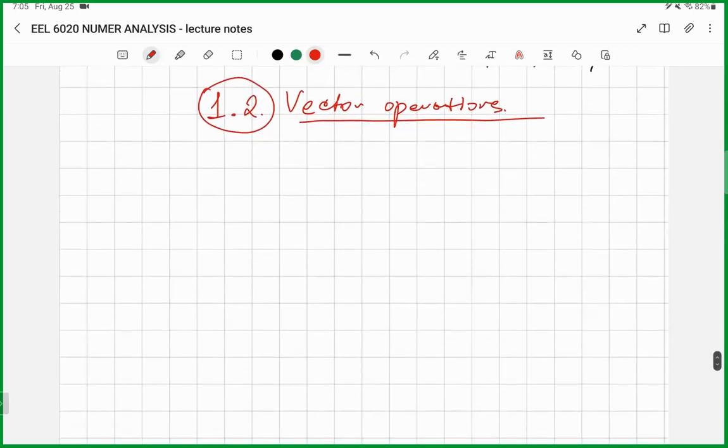Suppose I have two vectors, A and B. So using these two vectors, what kind of operations can I do? I mean, of course, I can sum them. I can multiply them by a constant. That's trivial. A more important operation is the dot product.